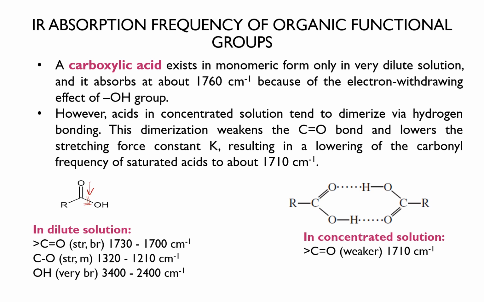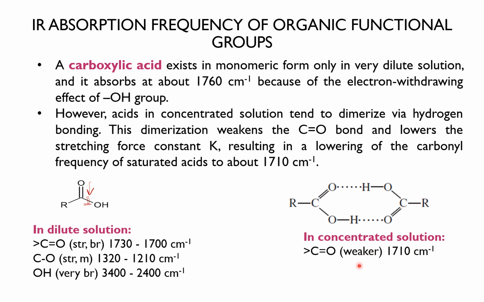So the value for carbonyl will be around 1760 centimeter inverse. If we take a concentrated solution of acid, then acid generally dimerizes via hydrogen bonding. This is intermolecular hydrogen bonding. Dimerization generally weakens the carbonyl stretching frequency and hence lowers the force constant.